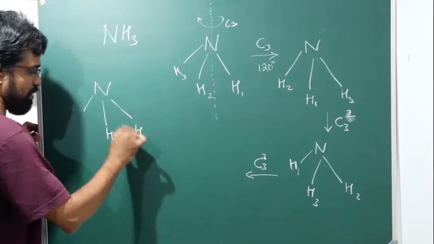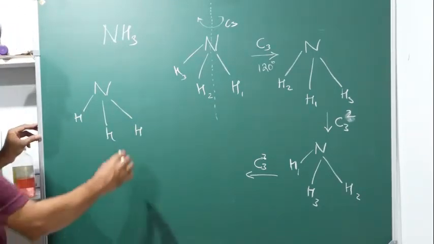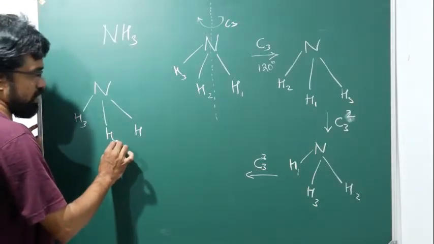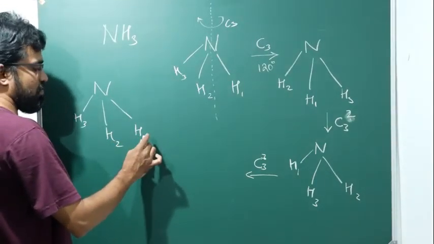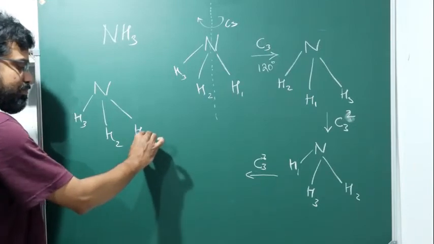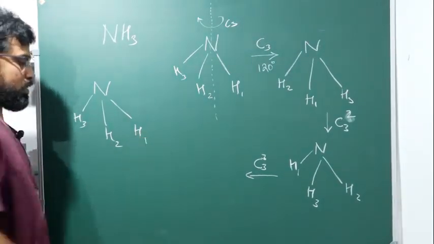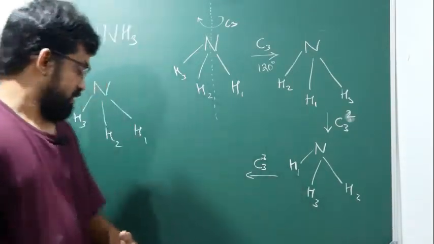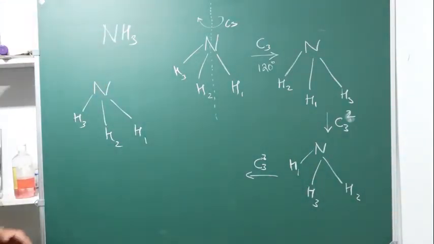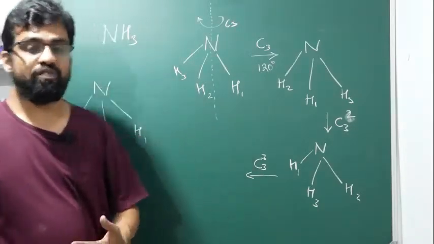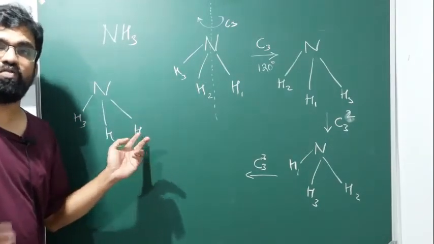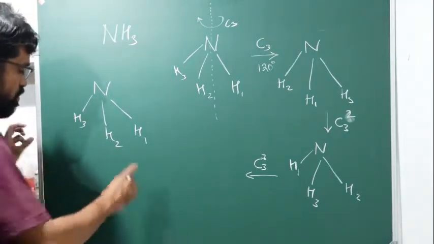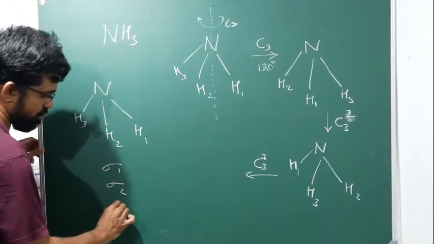Okay, I have seen many of your assignments. What you have done is just written sigma v is there, sigma 2 is there, like that. But I need your correct representation. For example, I am taking sigma 1, sigma 2, sigma 3.